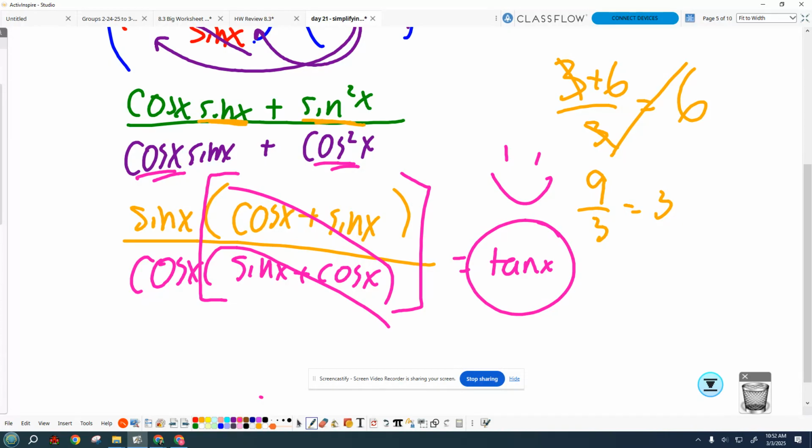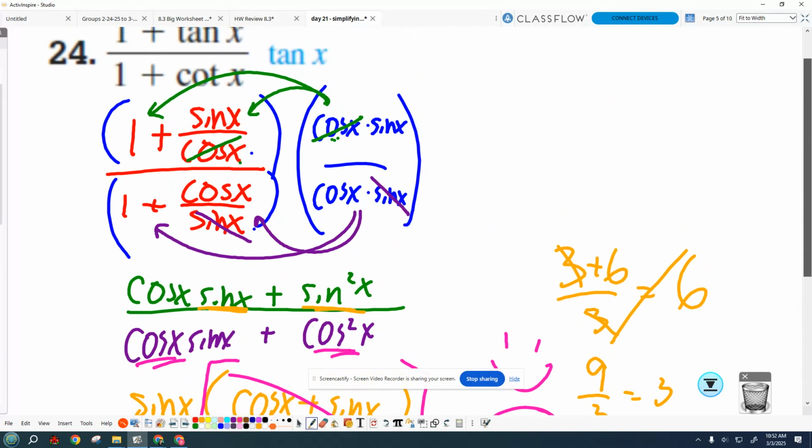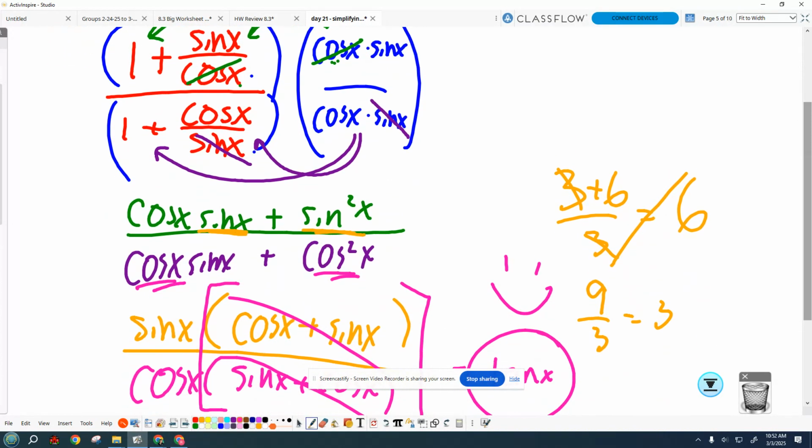So that is long. Someone in third period was like, isn't there a faster way to do that? There are alternate long ways to do that. I mean, this was only 3 steps, but it was a lot of thinking.